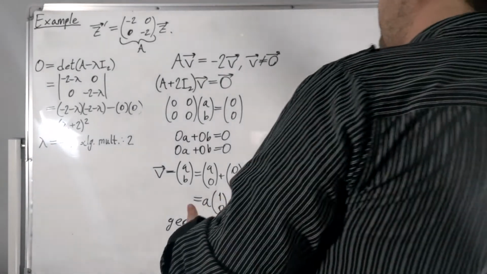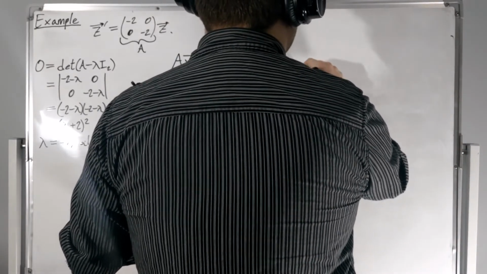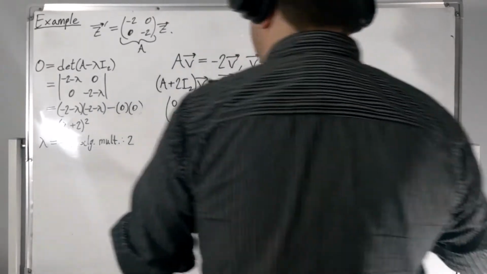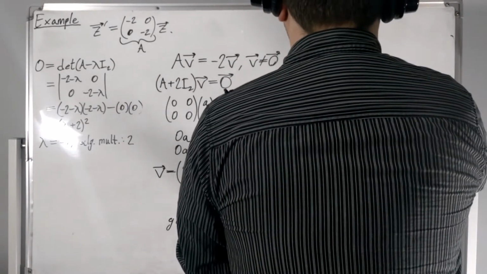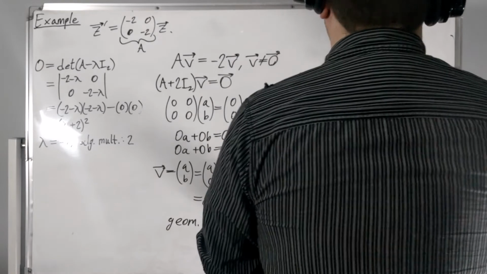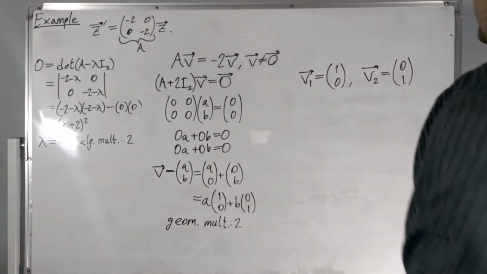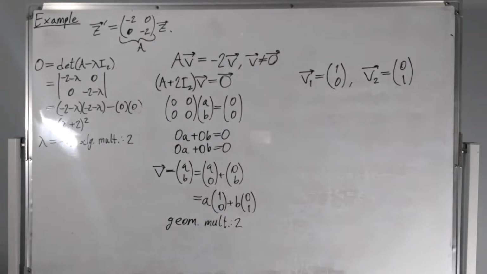Okay? We can pick two eigenvectors that are linearly independent. Let's name v1, let's make it 1, 0. And v2, let's make it 0, 1. Linearly independent eigenvectors.